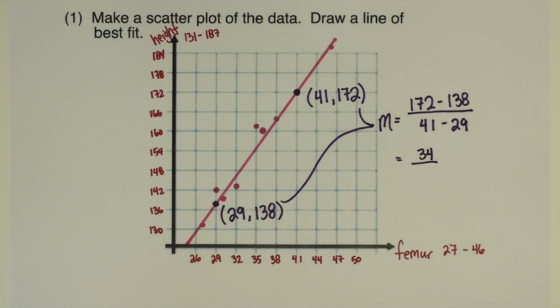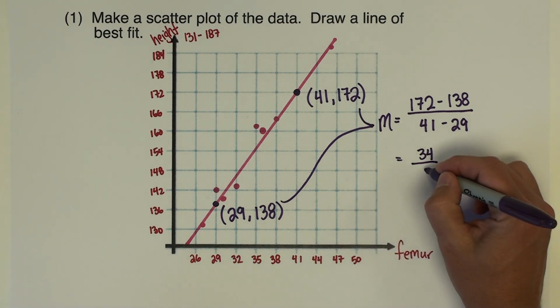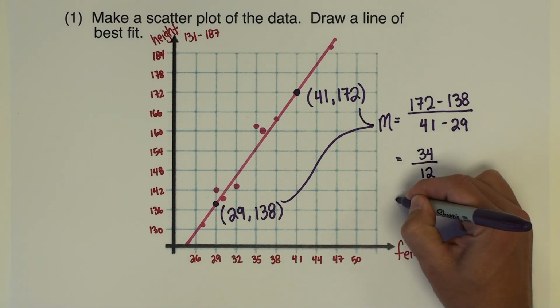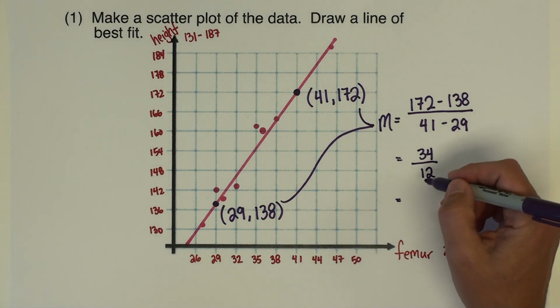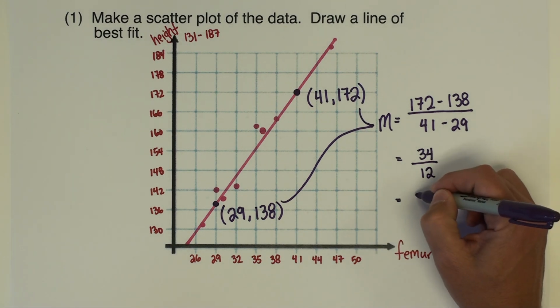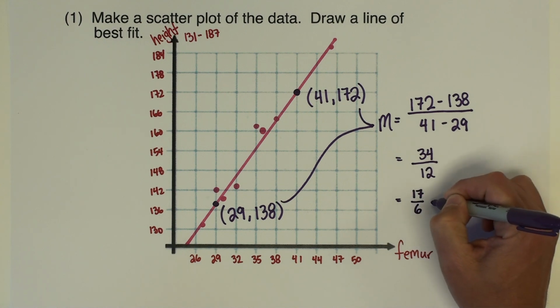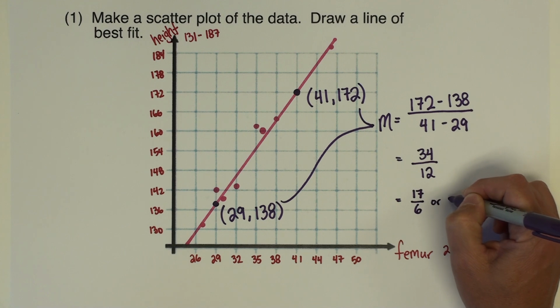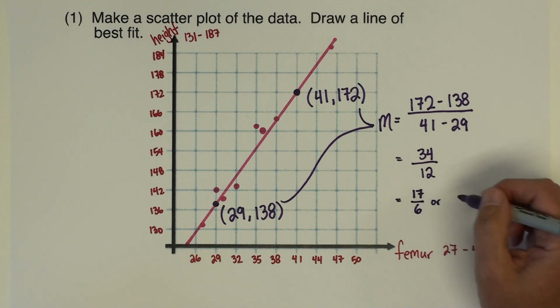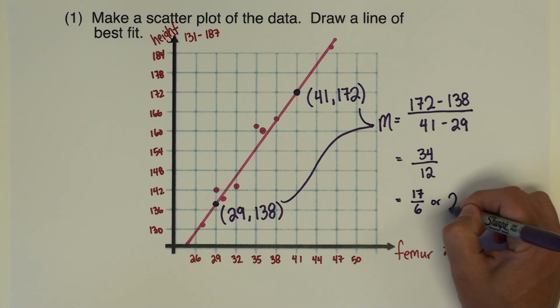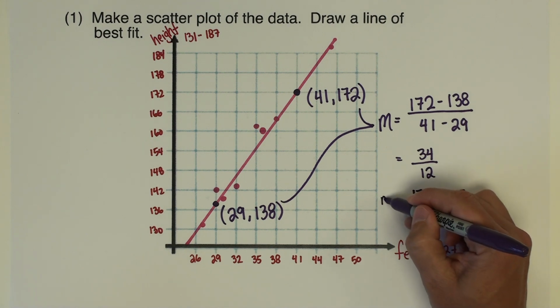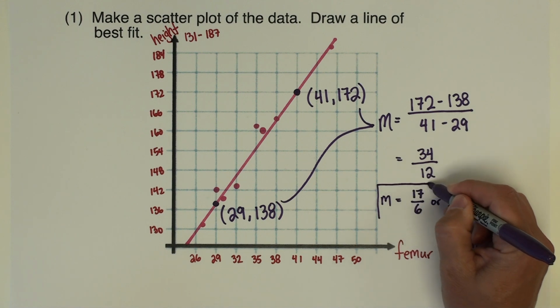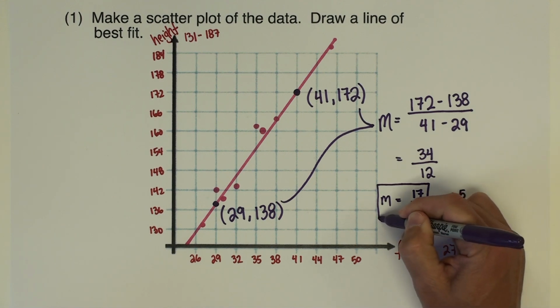And 41 minus 29 is 12. So I get a slope of, let's see, we can divide everything by 2, 17/6, or 2 5/6. I'm going to use this improper fraction as my slope.